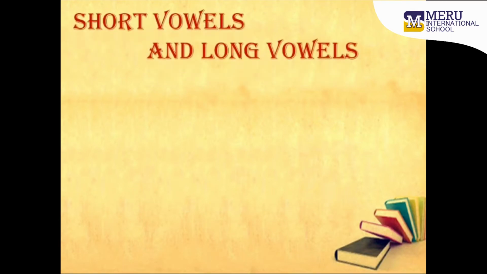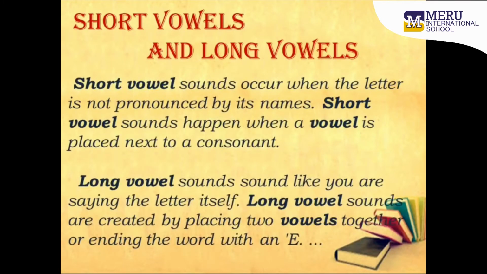To learn phonics, the first rule is to understand short vowel and long vowel sounds. Short vowel sounds occur when the letter is not pronounced by its name. Short vowel sounds happen when a vowel is placed next to a consonant, such as in cat, k, a, t, cat, where a is giving its sound instead of its name.